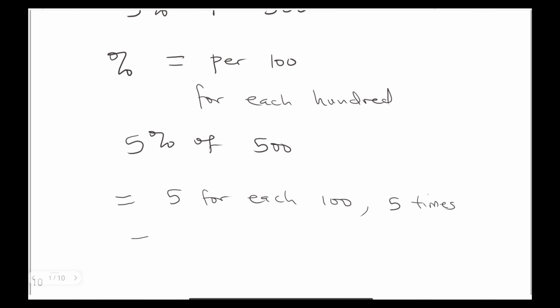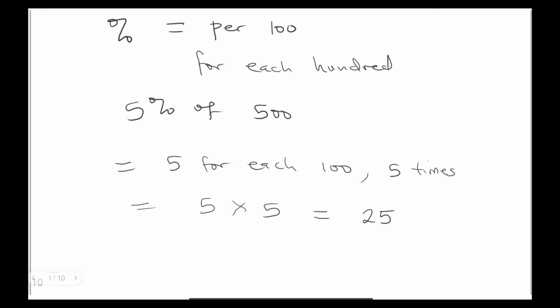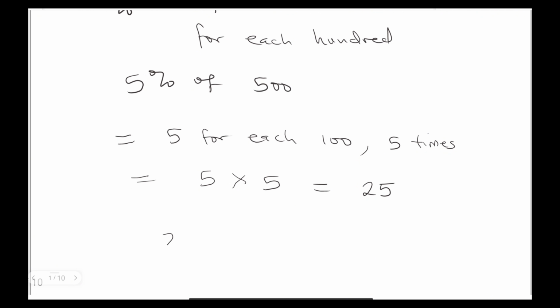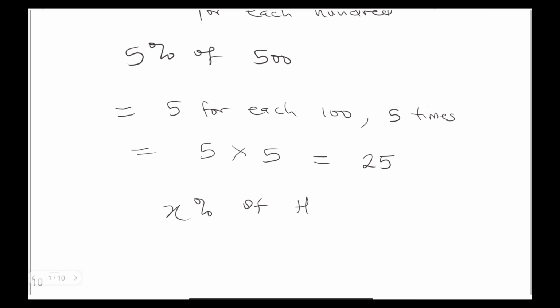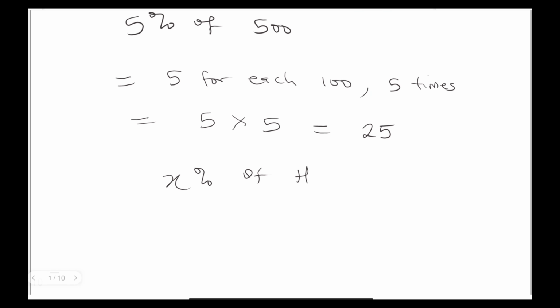So that simply puts 5 times 5, which is 25. So that means 5% of 500 is 25. So in generalization, X percent of H, where H is a multiple of 100, is going to be X times H.